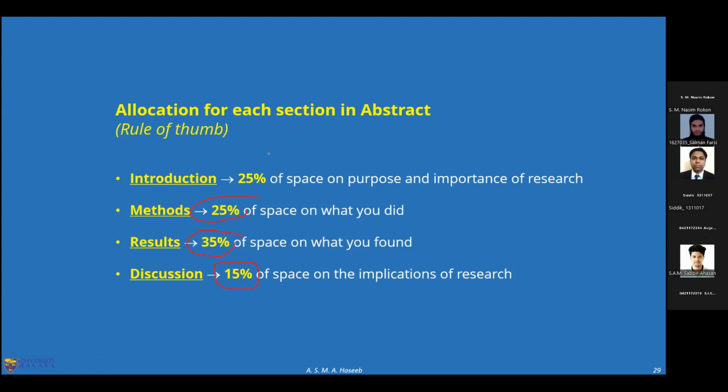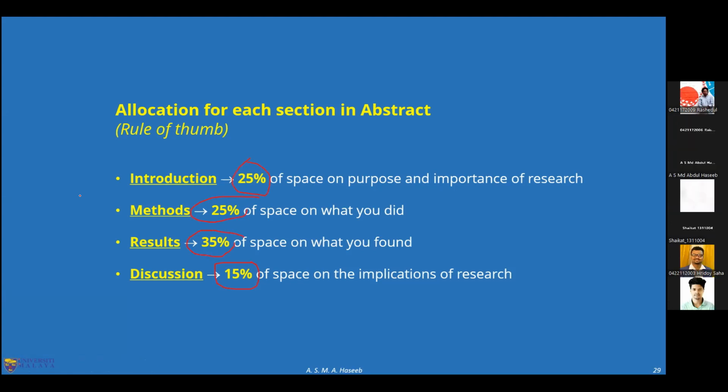So this is just some rough estimates. Now, if your abstract has an introduction which occupies 75% of the space, and the rest occupies only 25%, this is a very bad abstract. It's not balanced at all. So you have to be careful.